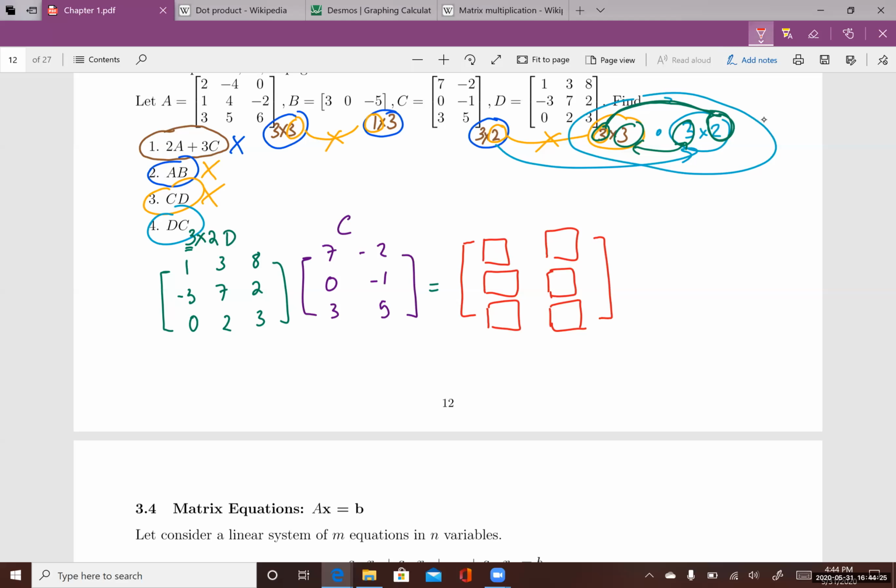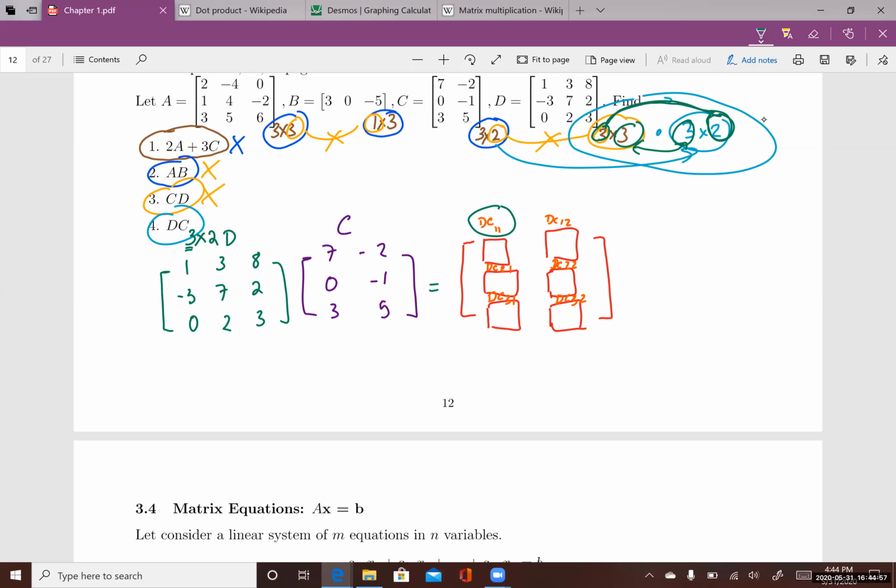I call each of these entries DC11, DC12, DC21, DC22, DC31, DC32. So I have 6 entries for this product. How can I find the first entry, DC11?